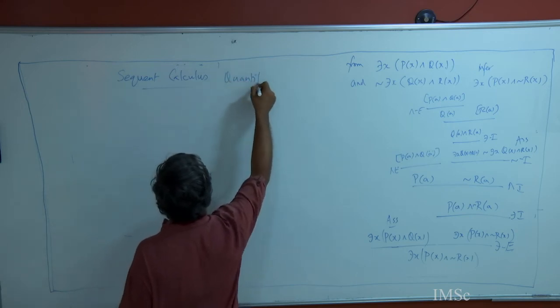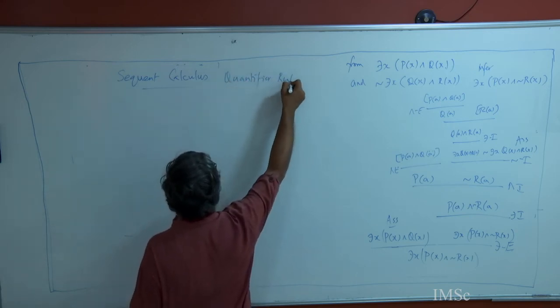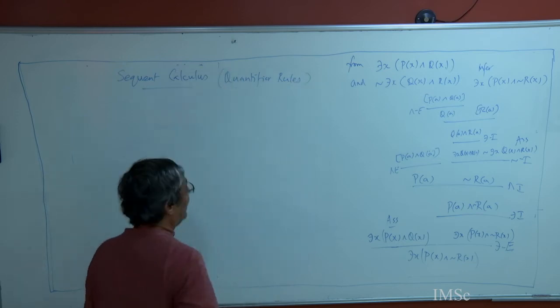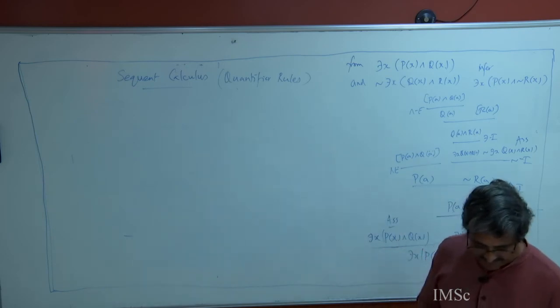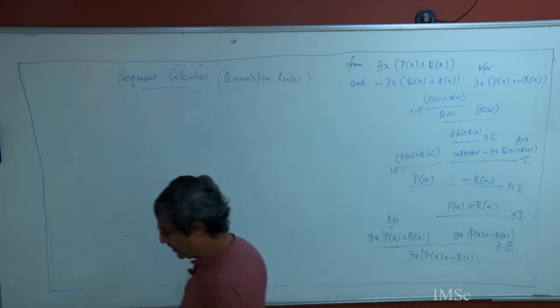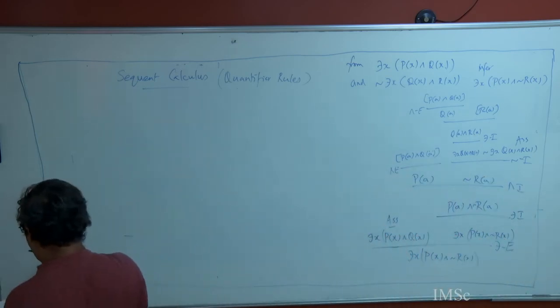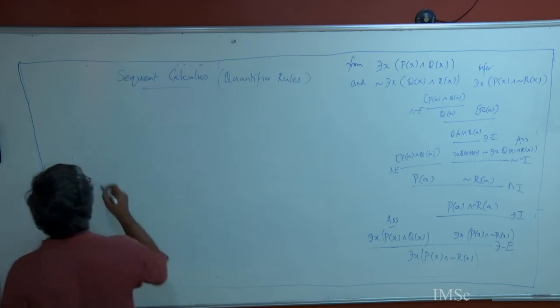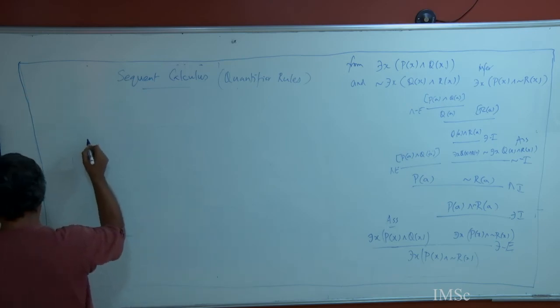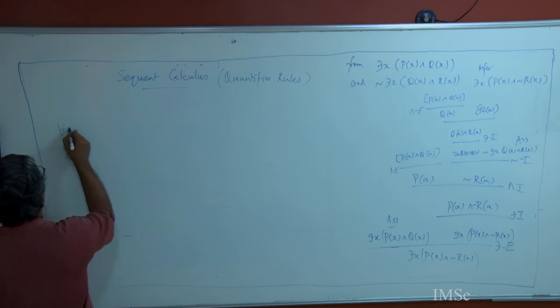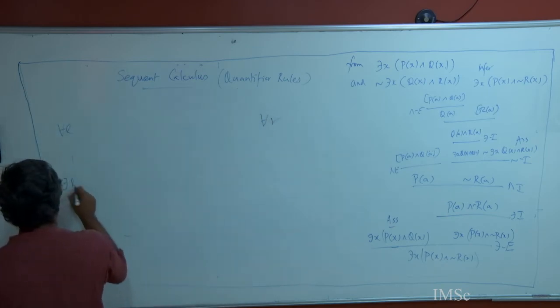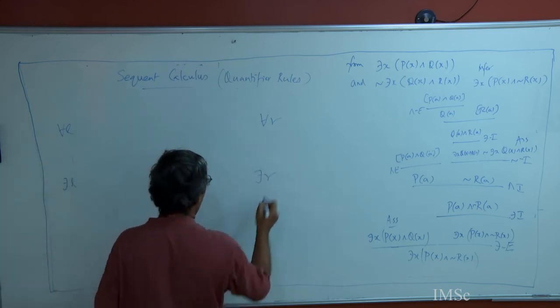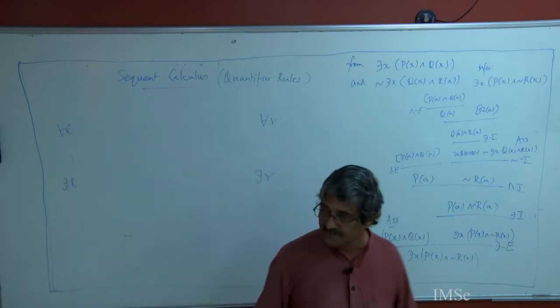I'm not going to write out all those left rules and right rules for all the connectives. We have seen them earlier. So here, you have a for all left rule and for all right rule, and a there exists left rule and there exists right rule. So what is this going to look like?